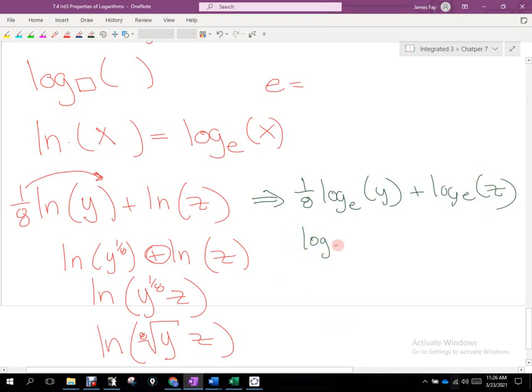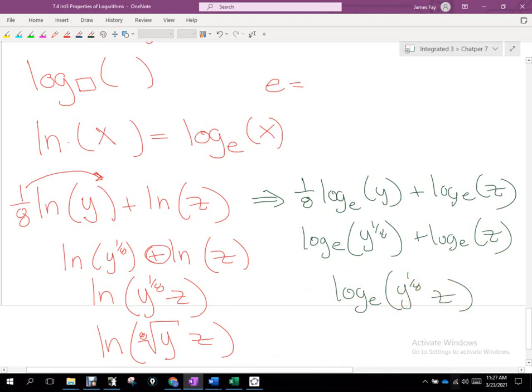I can go log base e of y to the 1/8 plus log base e of z, and then I have log base e of y to the 1/8 z, and they're the same.